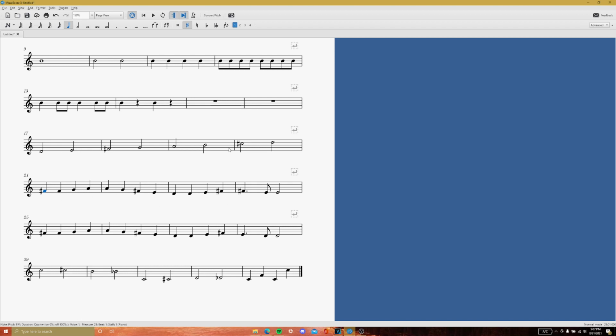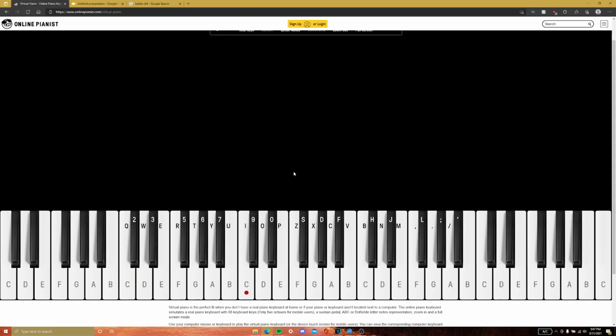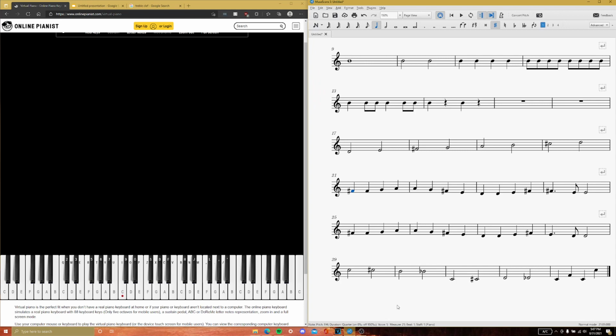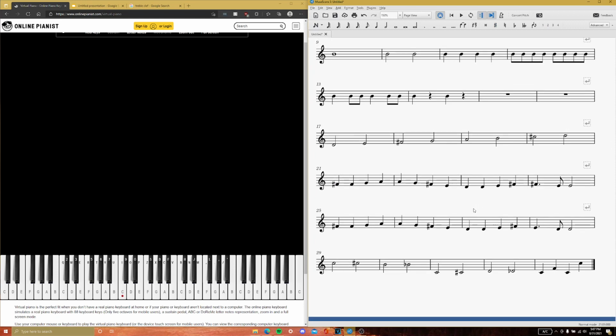Sheet music visualizes how time and pitch pass. Finally, let's see what that looks like on piano. So, to see how sheet music works, I'm going to pull up the sheet music alongside the piano, and you'll see the keys that I play in addition to the sheet music.